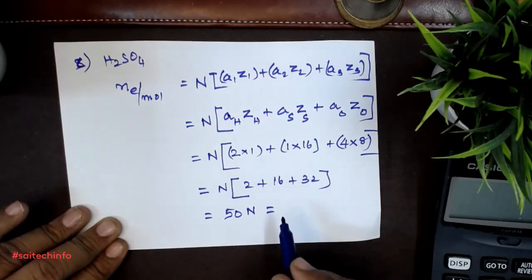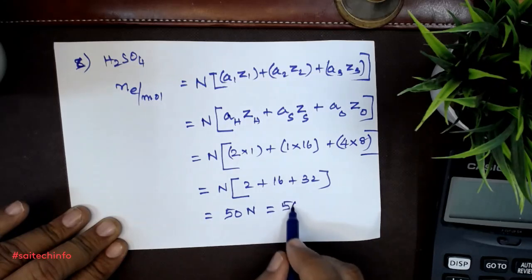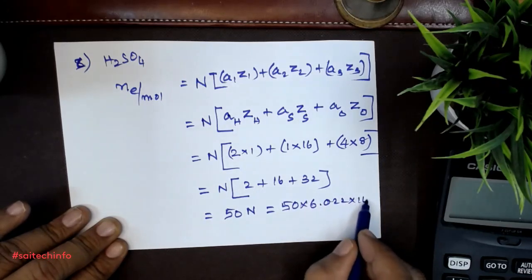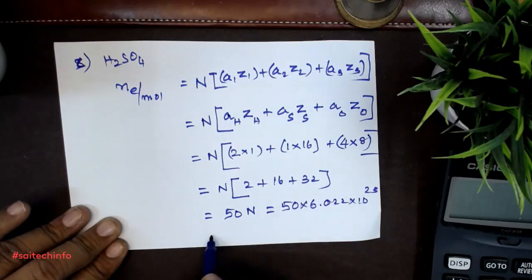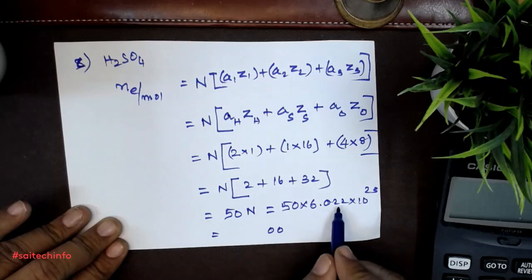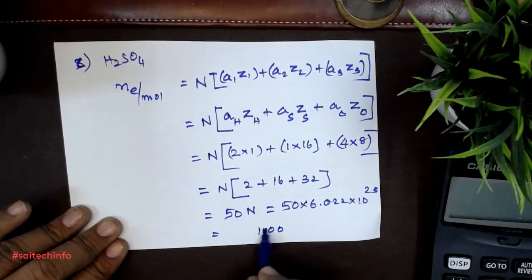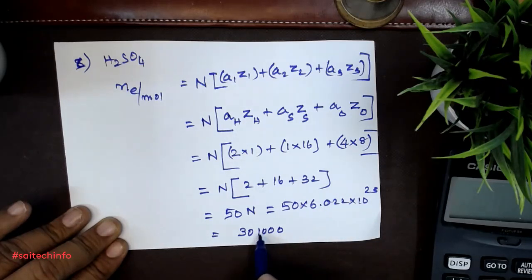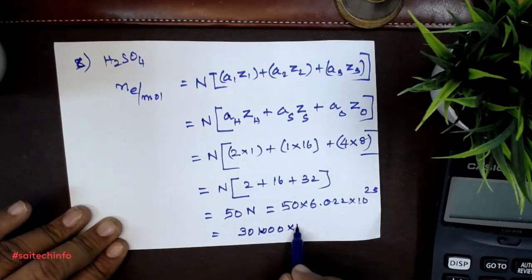That can be further expanded. So 50 into 6.022 into 10 power 23. So 5 2s are 10, 5 6s are 30. So 301 into 10 power 23.